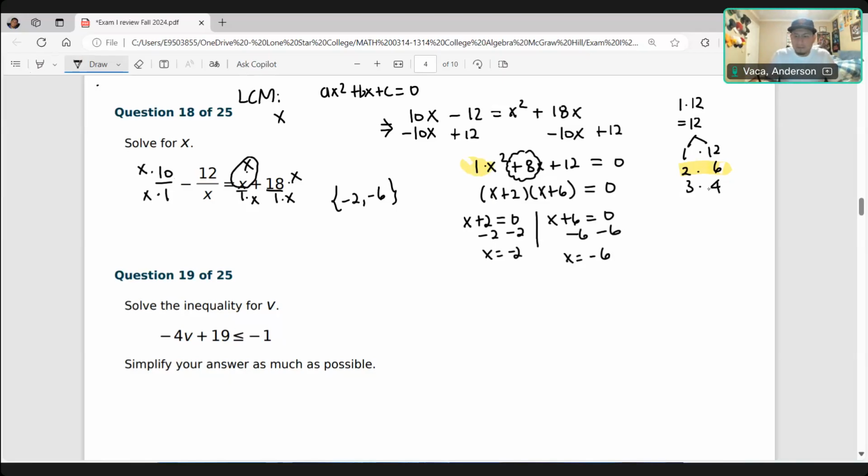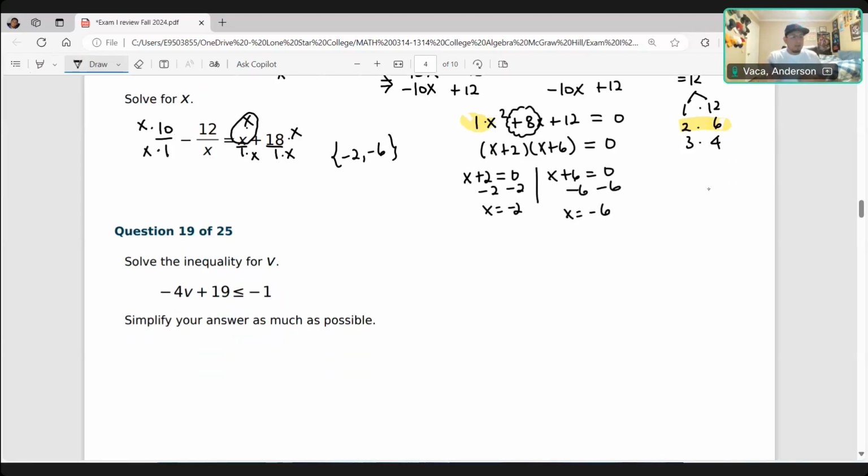I like it. And now we're going to solve some inequalities. I'll give you some tips and hints as to what to do as we go through some of these examples. All right. So, negative 4 times v plus 19 is less than or equal to negative 1.